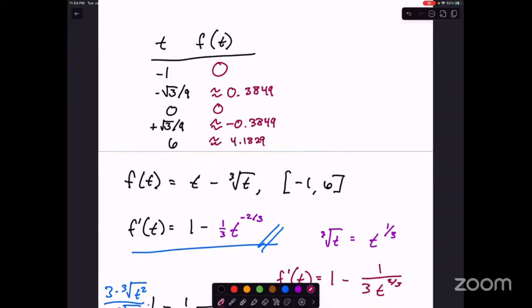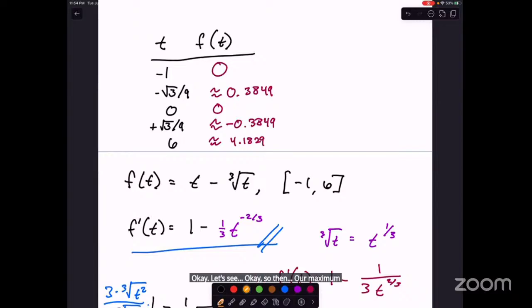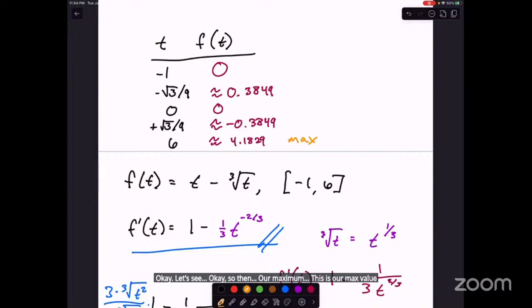Okay. Let's see. So then our maximum, this is our max value. And our minimum value, let's set that negative. This is our minimum value.